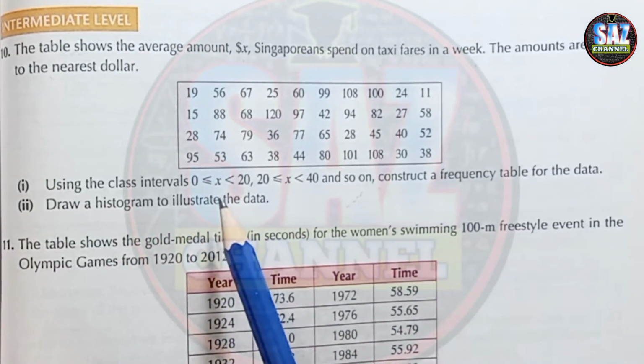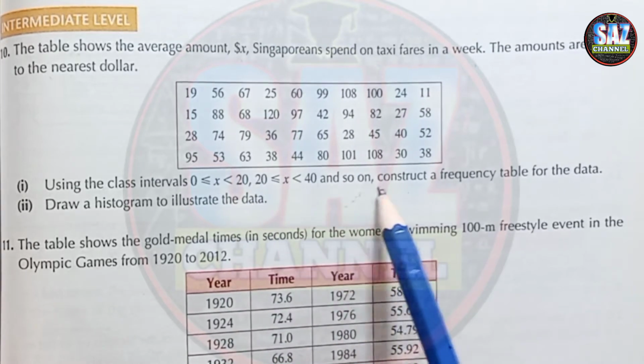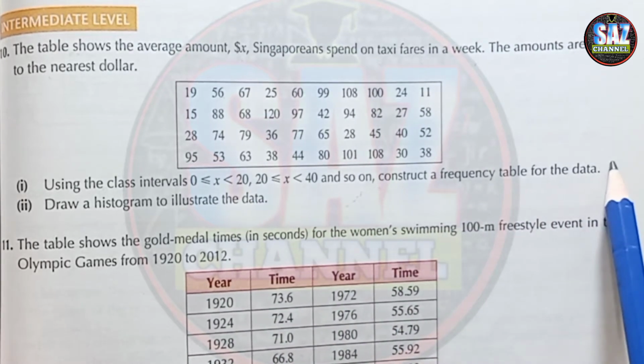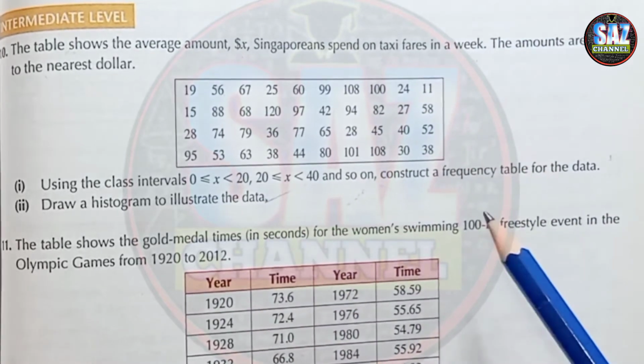Using the class intervals of x between 0 to 20, 20 to 40 and so on, construct the frequency table for the given data and draw the histogram to represent this data.